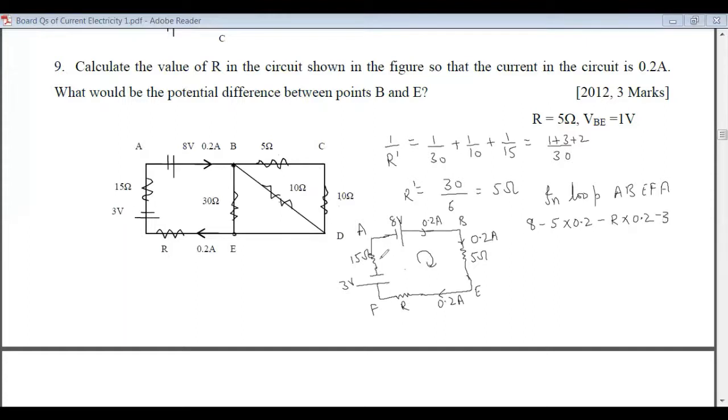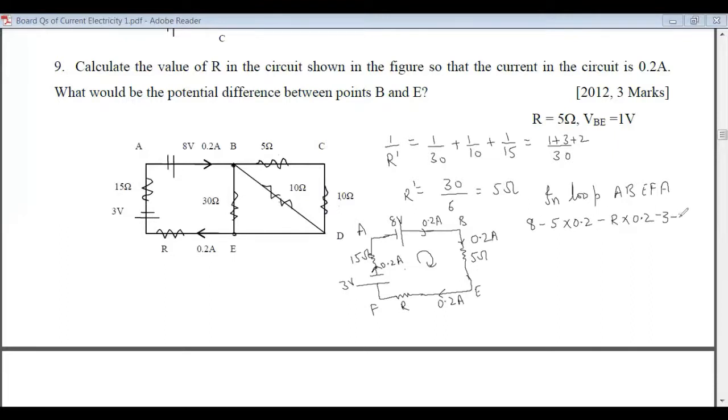The current flowing is 0.2 amperes, along this direction. It's given in the circuit that the current is 0.2 amperes. Now as we are moving along the direction of current, again 15 into 0.2 will be taken as negative.